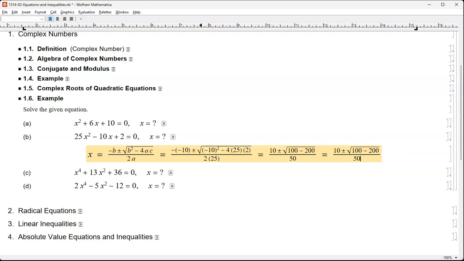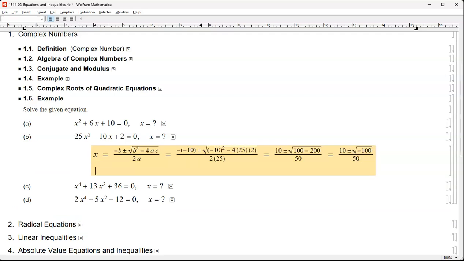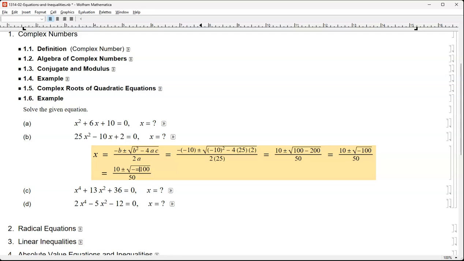And then here, I can write negative 100, or equivalently, we can write positive 100 and then i, like this. And that'll help you simplify. Square root of 100 is 10. So you end up with 10 plus or minus 10i over 50.